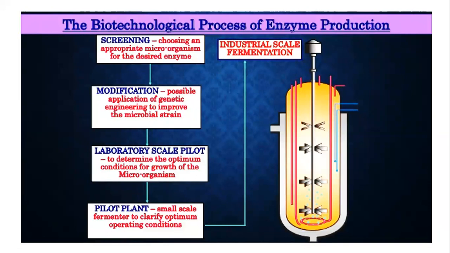Then we modify those microorganisms; some genetic engineering may be required for that. After the modification is done, we go for the laboratory scale production, that is the pilot production inside the lab, and if the pilot production is successful, then we move forward to the mass production of the enzymes using a bioreactor for the industry.